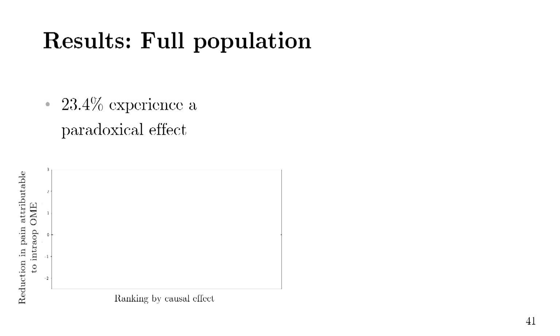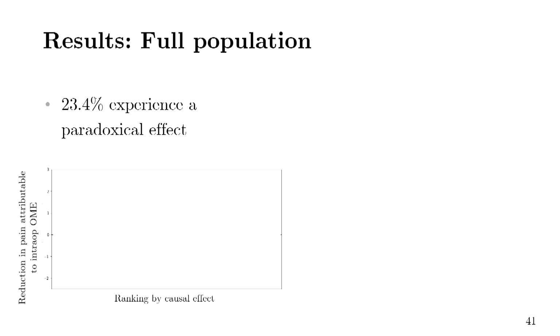What I'm going to show you here on the x-axis is patient ranking, so how high or low they rank according to their estimated causal effect. And on the y-axis is how high or low their observed change in pain is. On the left side of the screen, these are patients who benefit a lot if you give them an opioid.